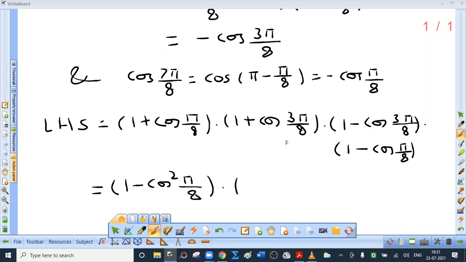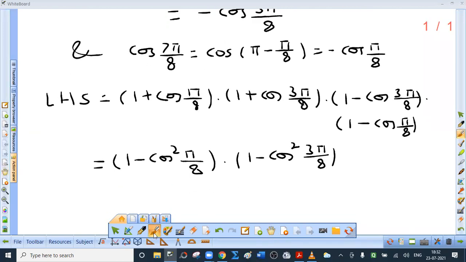Into 1 plus cos 3 pi upon 8 into 1 minus cos 3 pi upon 8 is 1 minus cos square 3 pi upon 8. Right. Now what is 1 minus cos square theta? 1 minus cos square theta is sine square theta. So sine square pi upon 8 into sine square 3 pi upon 8. Okay.